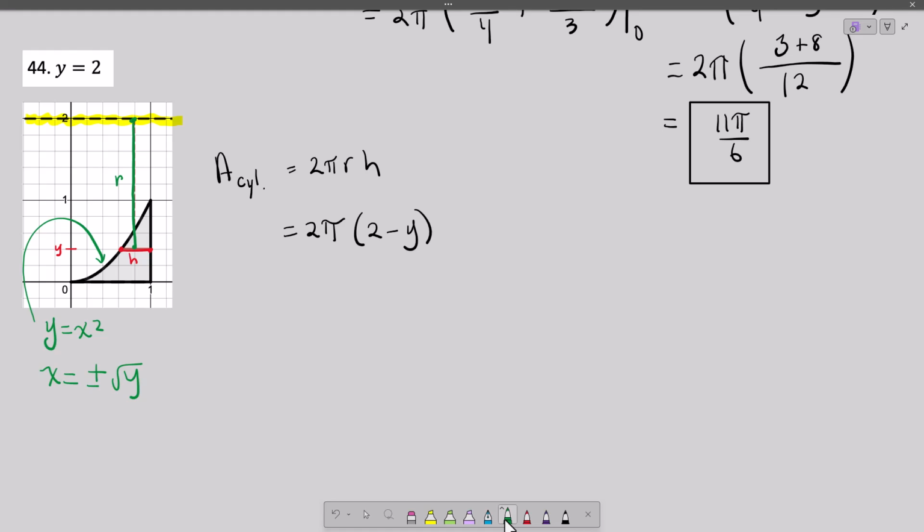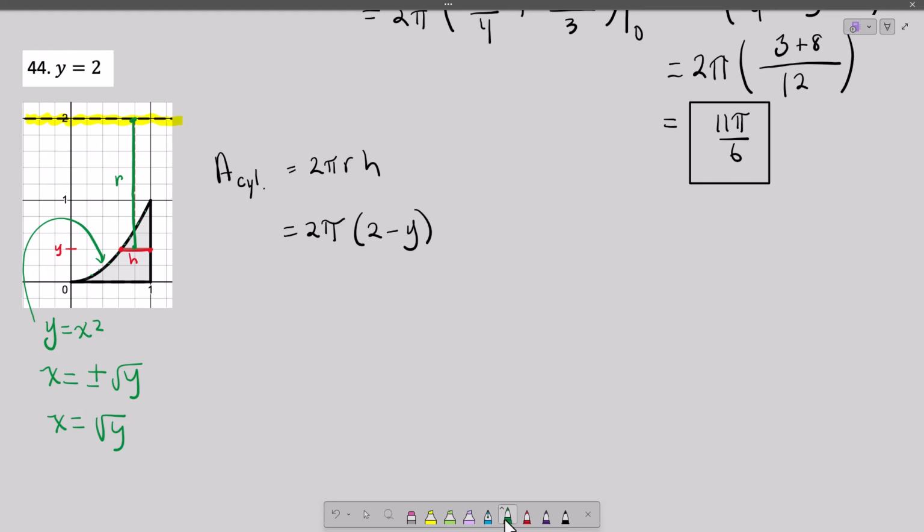Are the x's in this interval ever negative? No. These x's are positive, so this is going to be the x value of any point along this curve. If you plug in the y value between 0 and 1, this x value is going to measure how far away you are from the y-axis.